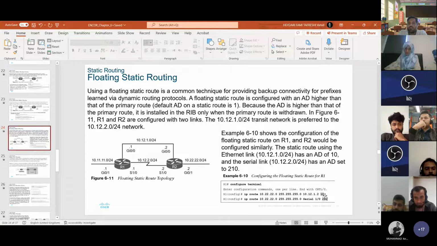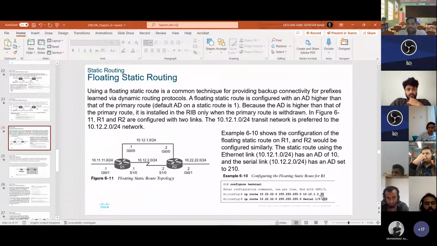But the administrative distance is now going to be manually overwritten by you and assigned to 10. Remember, the default administrative distance for a static route is 1. But now you have overwritten that to 10.